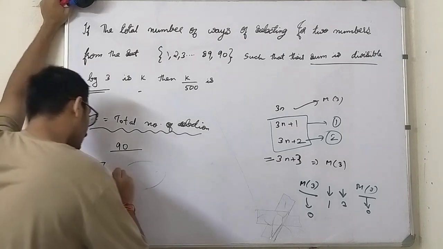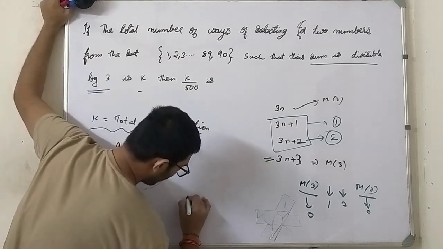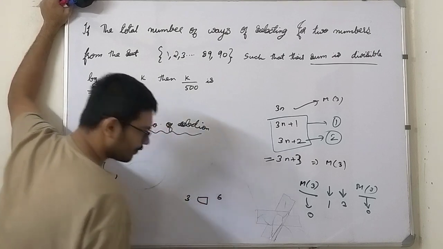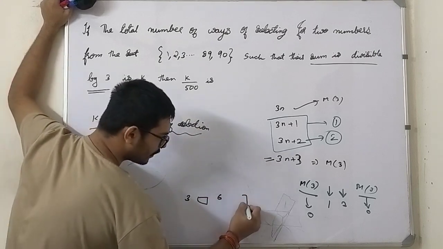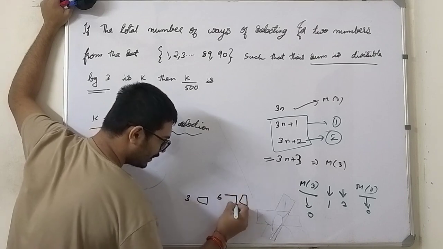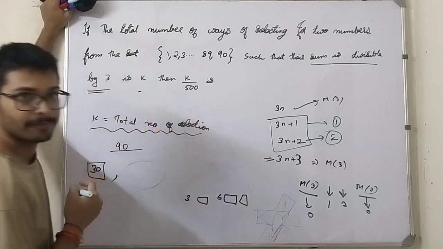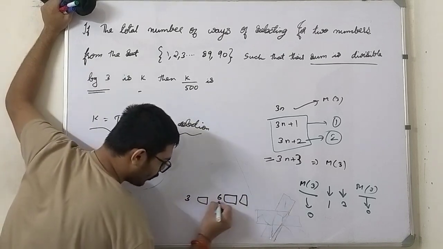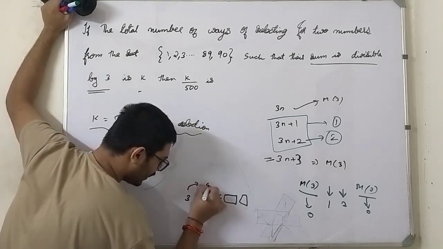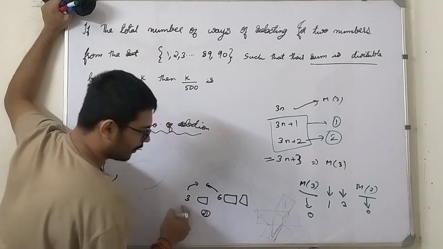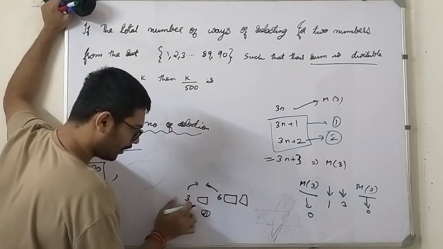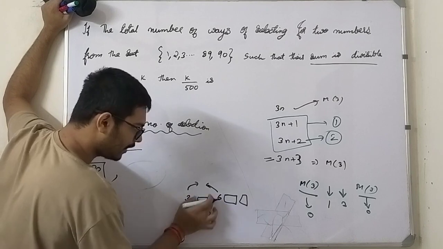Now, if you take two consecutive multiples of 3, there are 2 digits in between. If you take 3 consecutive multiples, how many numbers are there? You can also check like this. If you take 2 consecutive multiples of 3, there are 2 numbers in between, which means there is one interval.